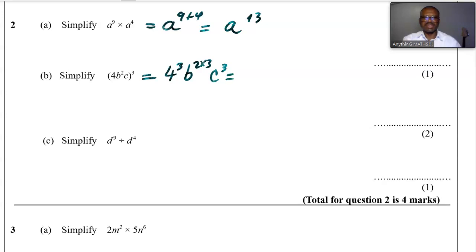It's going to be 64 times b raised to the power 6, and c raised to the power 3. The d is the base division, so we subtract 9 minus 4. You're going to get d raised to the power 5.